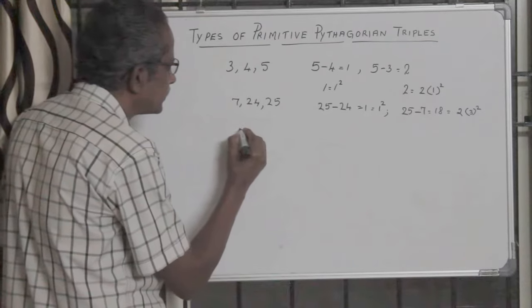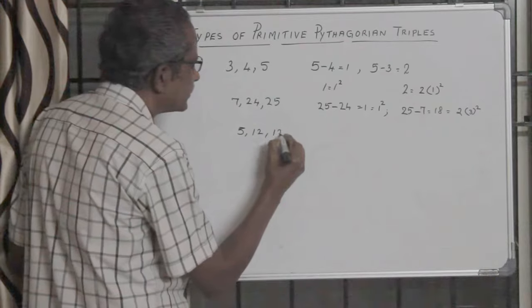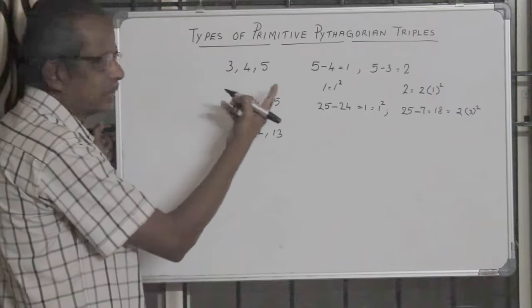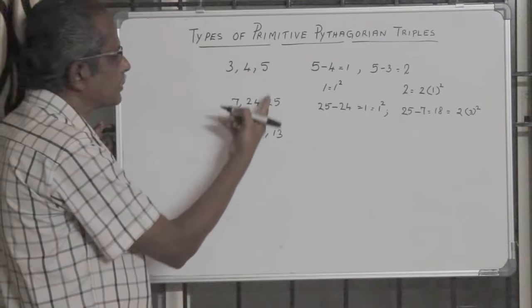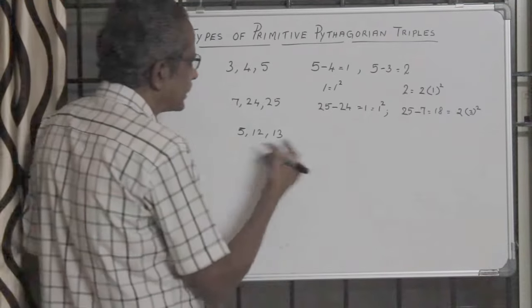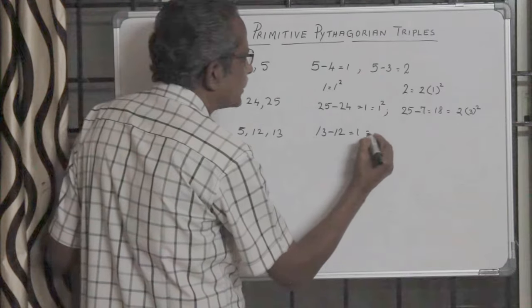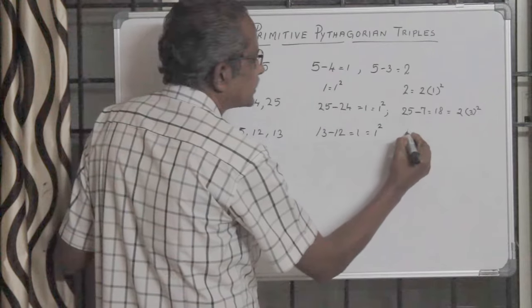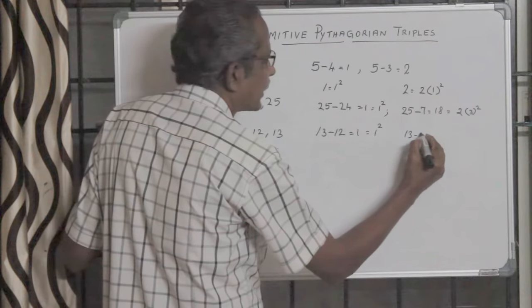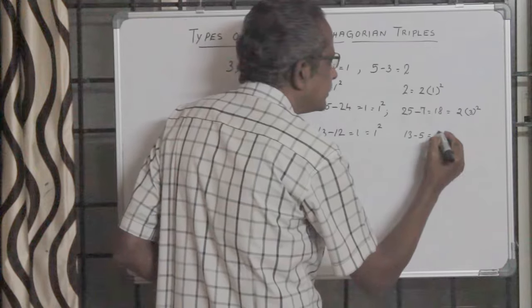5, 12, 13. Here also, I am taking the difference between the larger ones. 13 minus 12 is equal to 1, which is 1 square. 13 minus 5 is equal to 8.